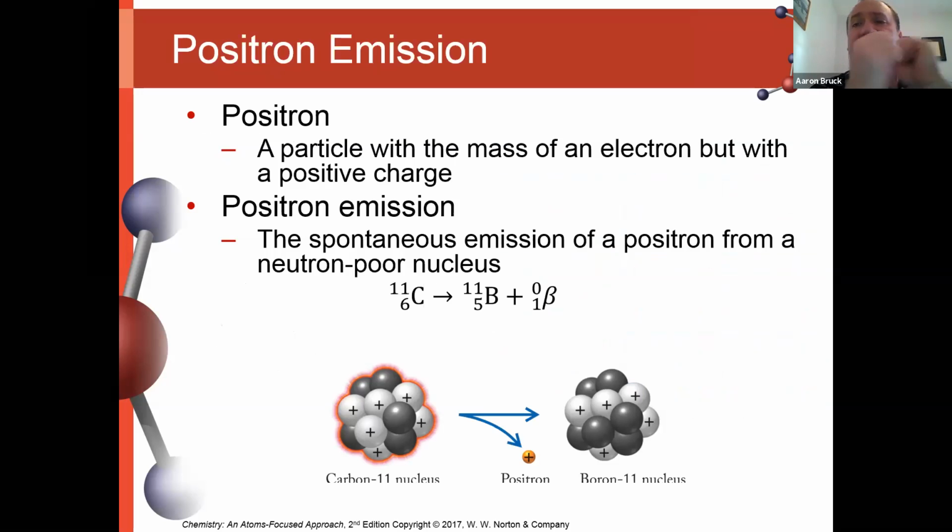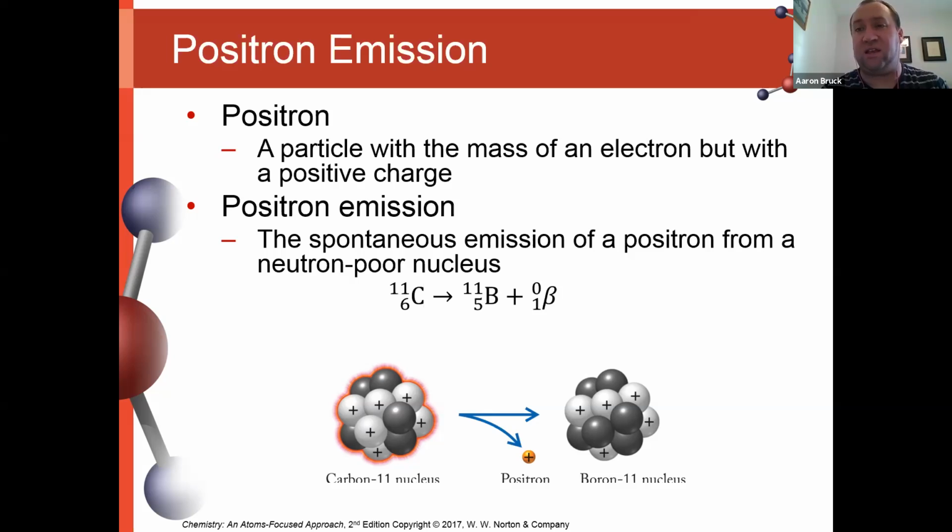So instead of a neutron giving up a negative charge and becoming a positive charge, what we see instead is that we have a proton that gives up its positive charge and in the process becomes neutral. And so what we see in this kind of scenario is a proton converts to a neutron.